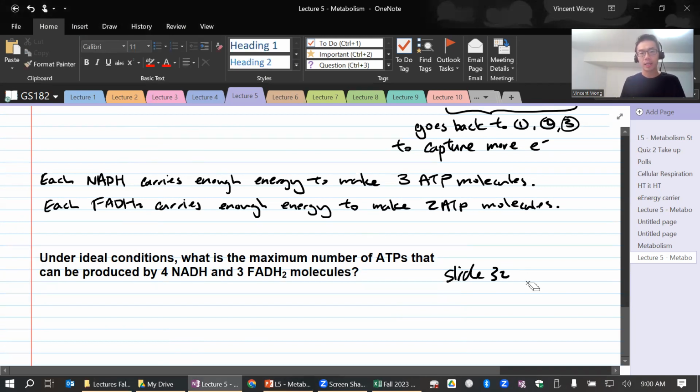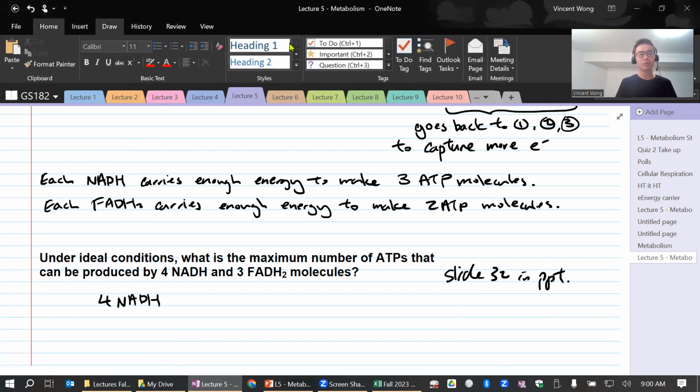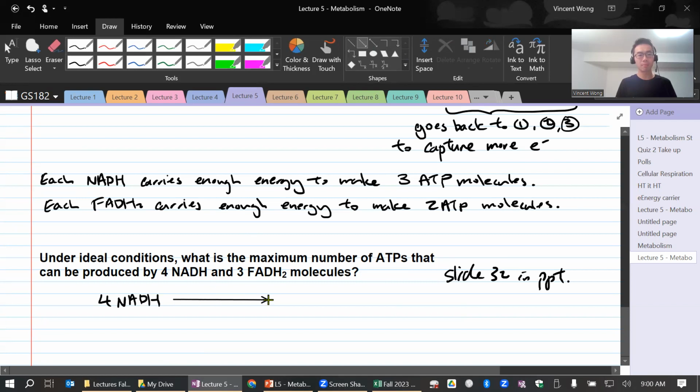Okay, this is a simple math question. Under ideal conditions, what is the maximum number of ATPs that can be produced? So for NADH, each NADH carries enough energy to make 3 ATP molecules. So how many ATP from the 4 NADH? What do I multiply by? 3, right?